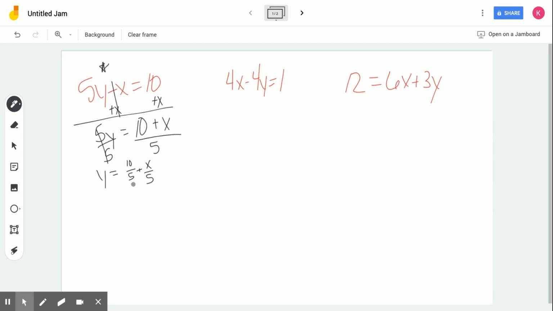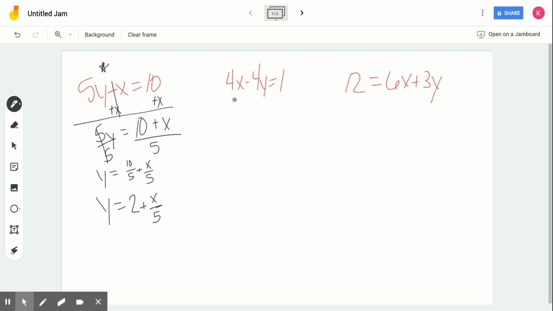So 10 is divided by 5, x is divided by 5. So 10 divided by 5 is 2, and x divided by 5 you can leave as x over 5, or you could also say that that would be 1/5 of x. So now we can see this would be where we would stop because we have the variable of y all by itself on one side of the equation.